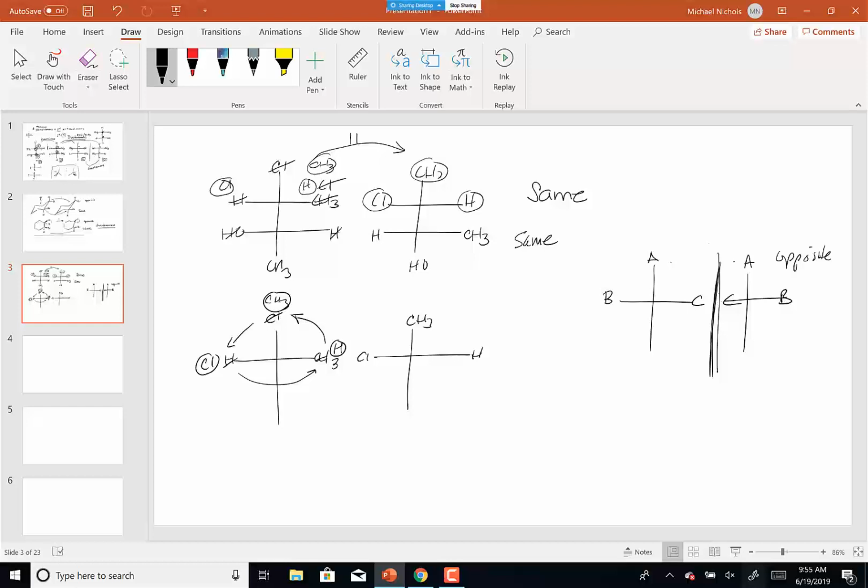Or if I wanted to rotate, I could rotate this hydrogen over here, the OH down here, and the methyl there. Now all three groups are lined up. When you rotate, you're not changing anything. When you're switching, you're physically changing it. But if you switch twice, you're back to where you started, which is why they have the same configuration.